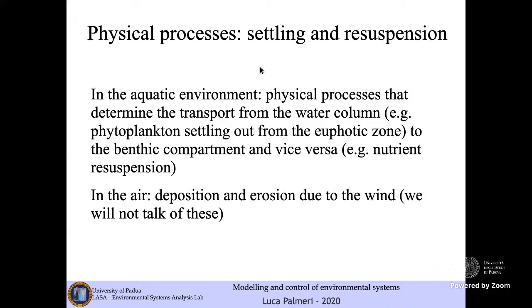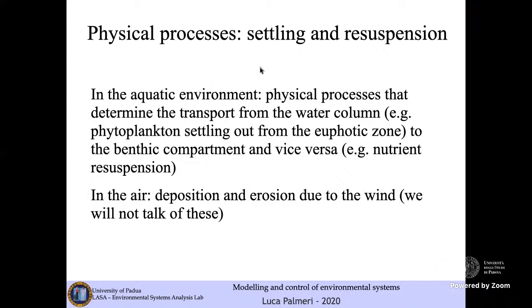These two processes, that are complementary processes, are very relevant from the point of view of ecosystem modeling, because we know that in the aquatic environment, the physical processes that determine the transport from the water column, for example, phytoplankton settling out from the euphotic zone and so on, to the benthic compartment, so to the sediment.